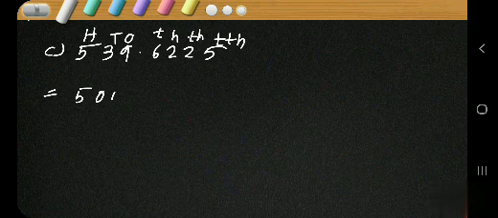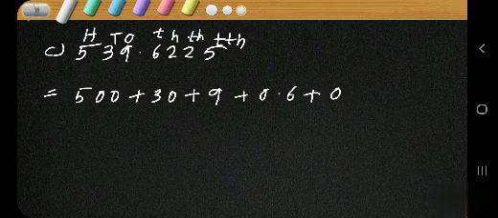What is the place value of 5? First 5, 500, plus 3, 30, plus 9, ones place, 9 itself. Now consider the decimal part. The place value of 6 is 0.6. The place value of 2 is 0.02, second place in the decimal part.